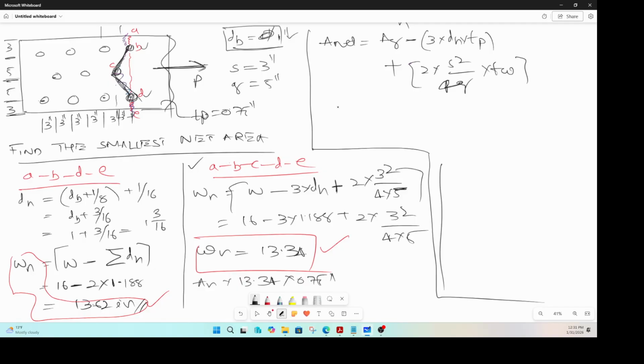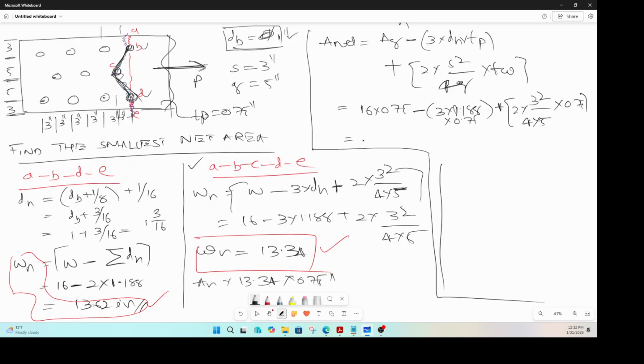So A gross is the gross width 16 times 0.75, minus 3 times the hole diameter 1.188 (1 3/16) times 0.75, plus 2 times 3 squared by 4 times 5, times the thickness 0.75.